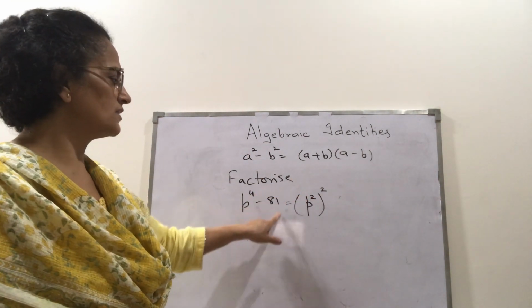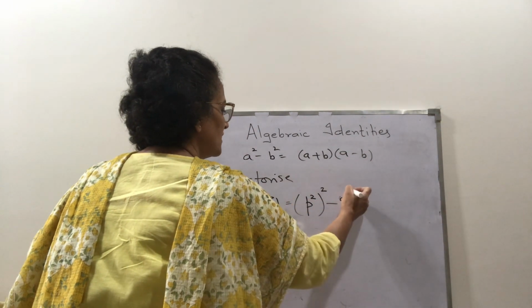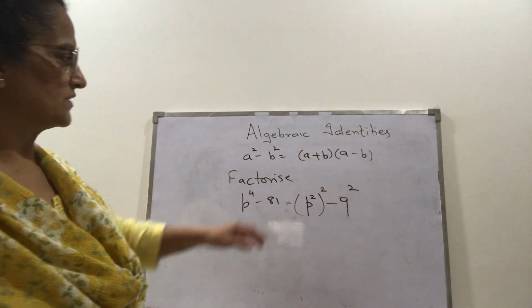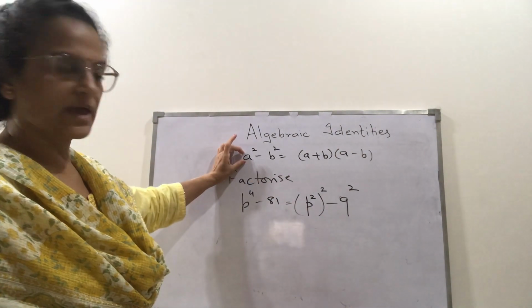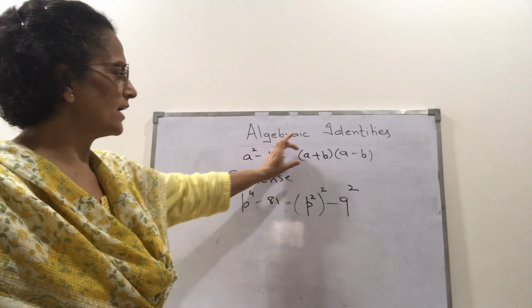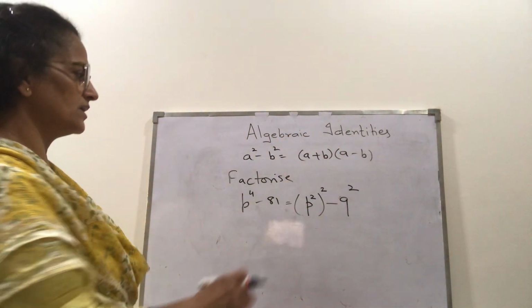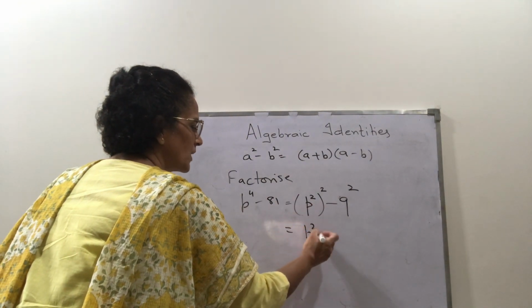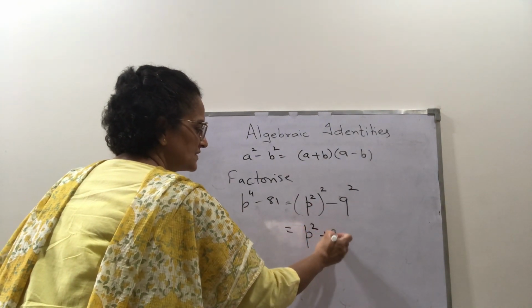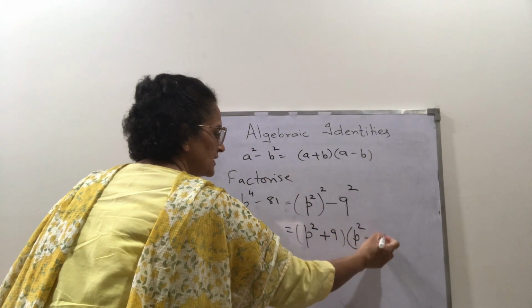Now 81 is the square of 9, so I can write 9 square. Now you can see in this case p square is a, and what I have to write is a plus b, and this b is 9. So we can write (p square plus 9)(p square minus 9).